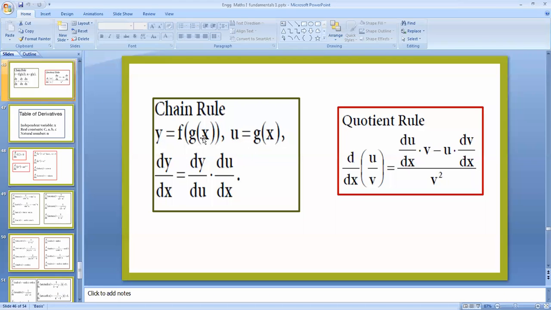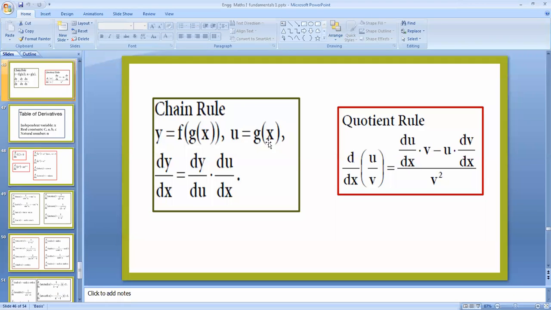You have denoted g of x as u. So first y reaches u, and then u reaches x. So differentiating y with respect to u, that is dy by du. And then u will go towards x. So u is also an ordinary function. Why? Because u depends on x and x is independent.